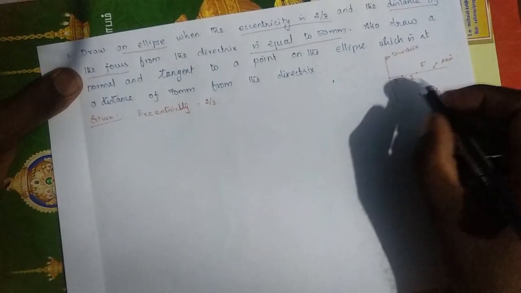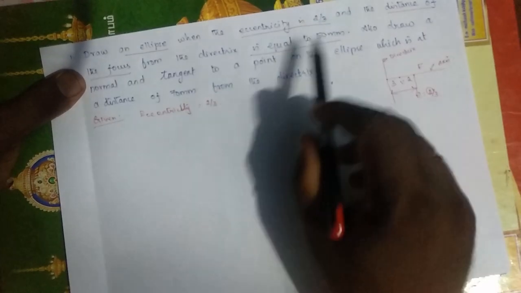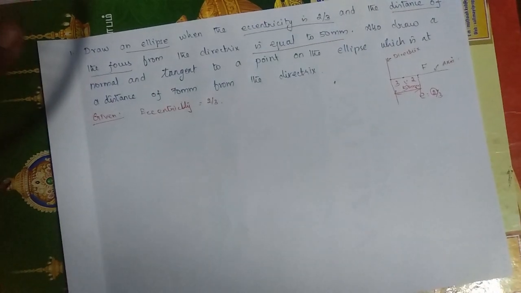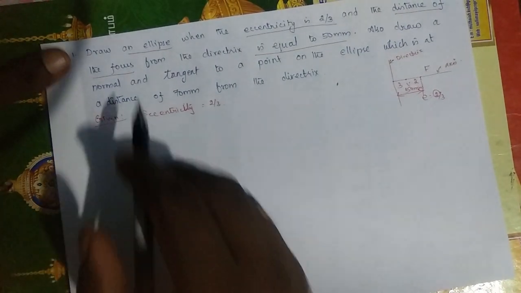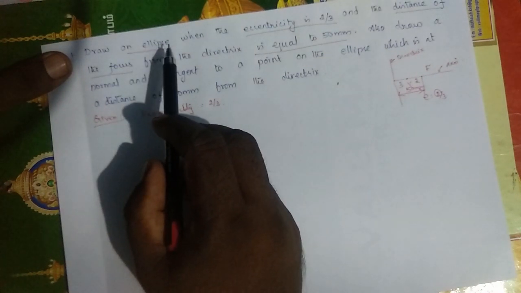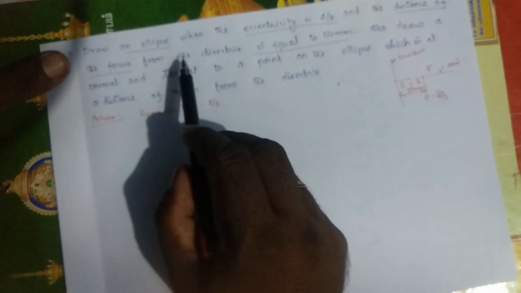So now we have the distance from the focus to the directrix, which is given as 50 mm. Some problems won't mention whether the curve is an ellipse, parabola or hyperbola. They directly give the eccentricity value and the distance, and you have to identify the curve with respect to the eccentricity.